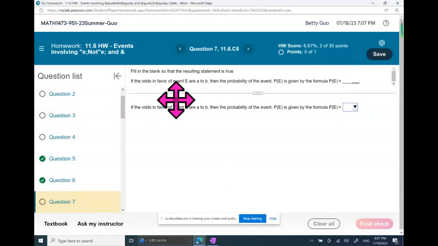If the odds in favor of event E are A to B, then the probability of the event P of E is given by the formula.